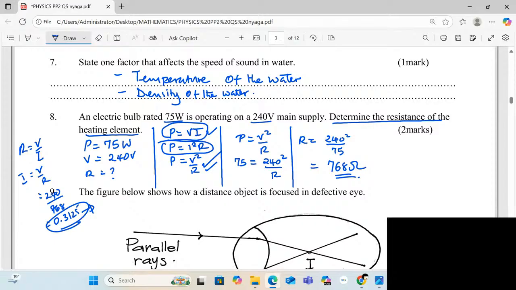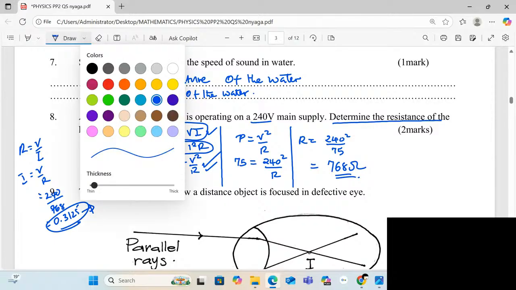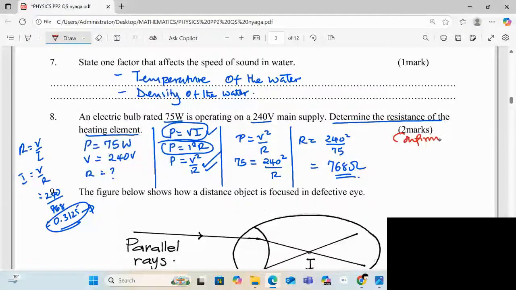So I have confirmed that if you substitute, if we go by the first formula, P is equals to VI, when we have this one as 0.3125, then we shall have 240 times 0.3125.